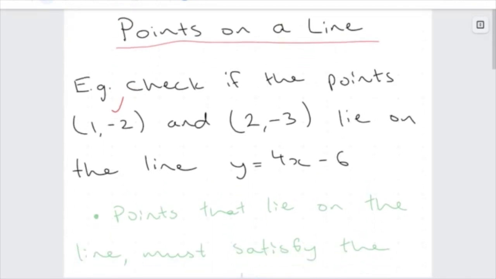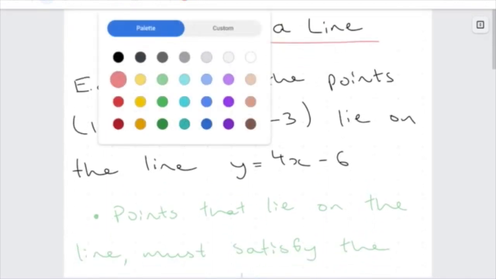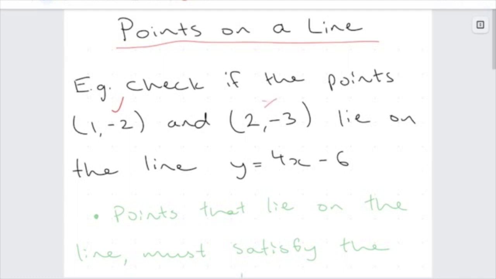So this idea, sorry, I'll just put a little X here to show that this point didn't lie on the line. So this concept essentially just works backwards from what we did with using our tables of values to make a line. Now we're saying, well, when given a line, do points lie on it?